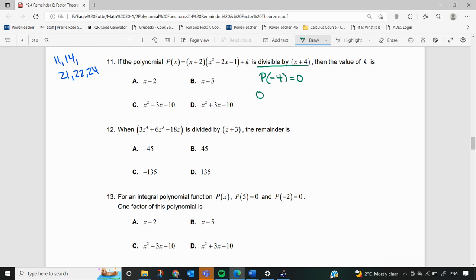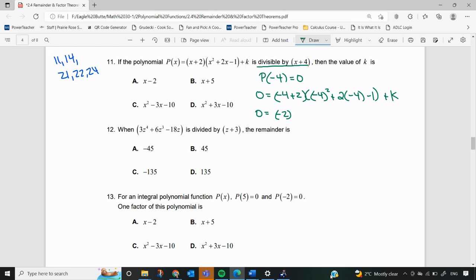So we'll have 0 = (−4 + 2)(−4)² + 2(−4) − 1 + k. Remember, those brackets are important. So we're going to multiply that out. Negative 4 plus 2 is negative 2. Negative 4 squared is 16.